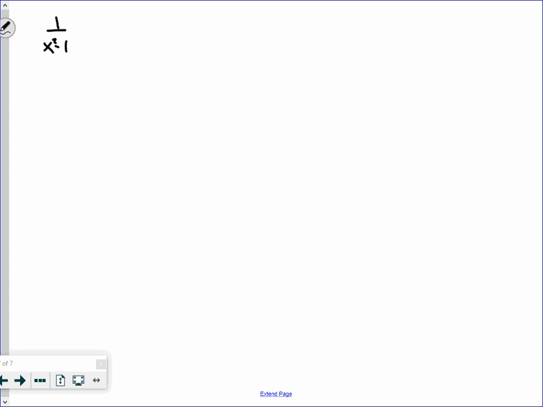So we have something called a partial fraction decomposition. It helps us to break up rational functions.